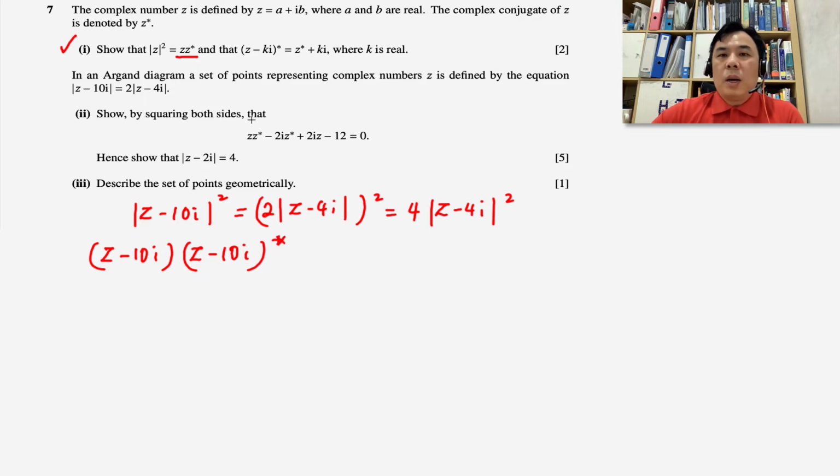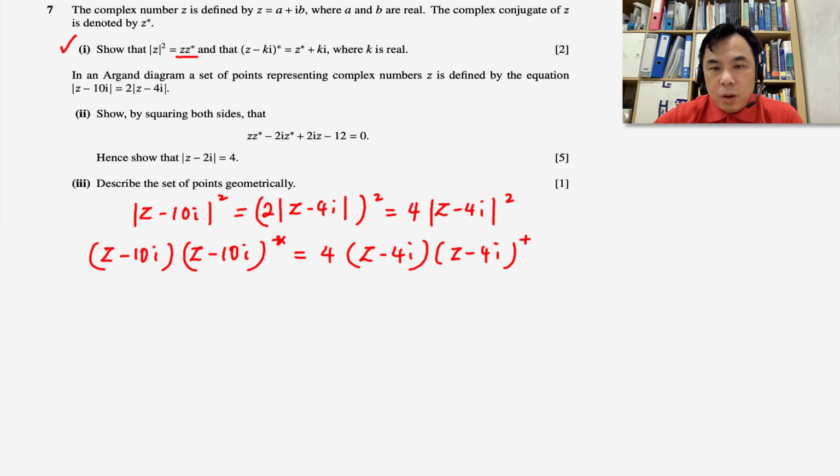It's the product of the complex number here with its own complex conjugate, and that would give us the square of the magnitude of the complex number. And then we're going to proceed the same way for the right hand side expression. There will be 4z minus 4i with z minus 4i complex conjugate. That's how it would actually look like.